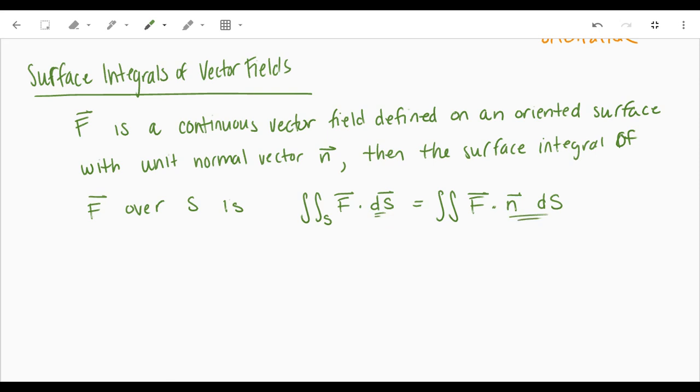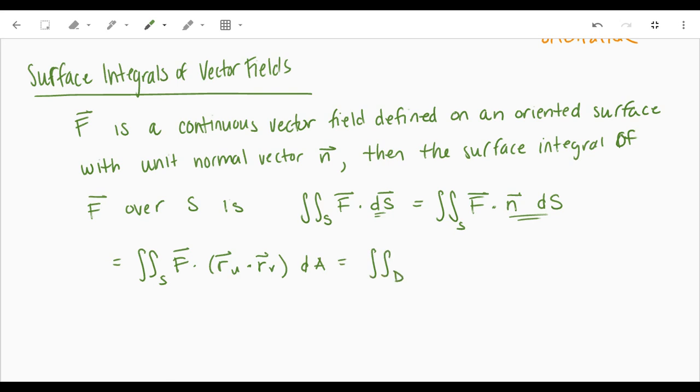And that's over S, which is also your normal vector, right? So r_u cross r_v, and then dA, because you'd be dividing it by the change in area. And then here's the big jump.